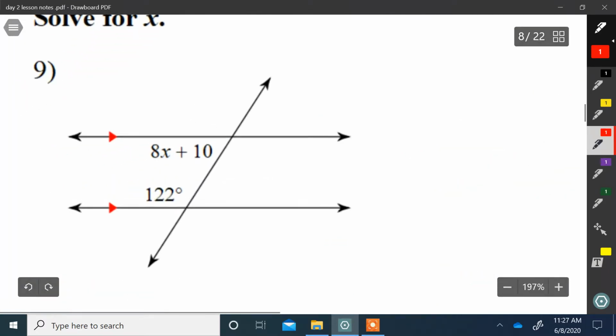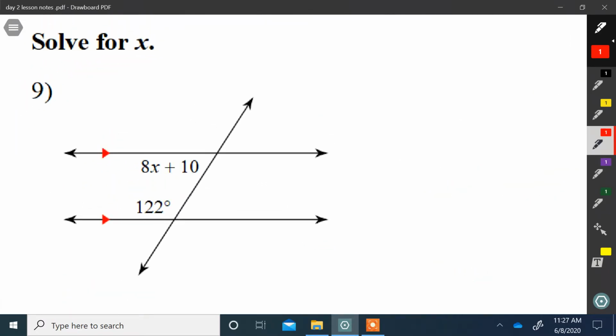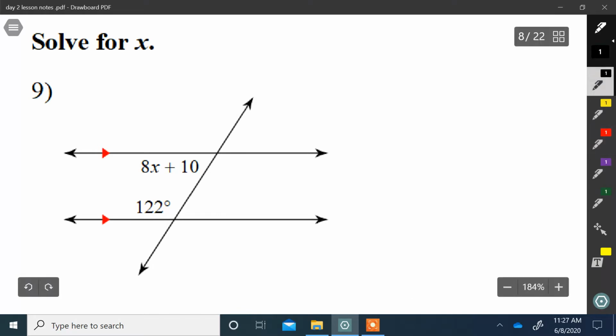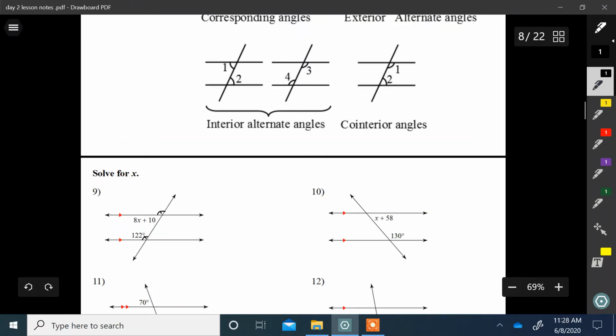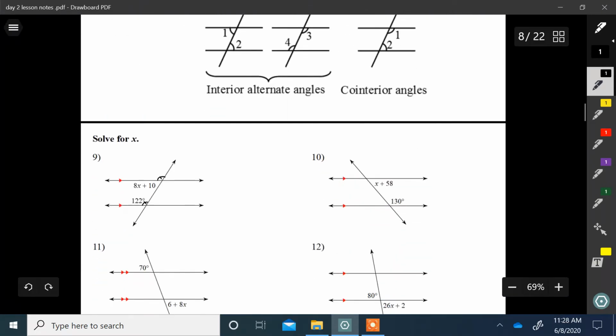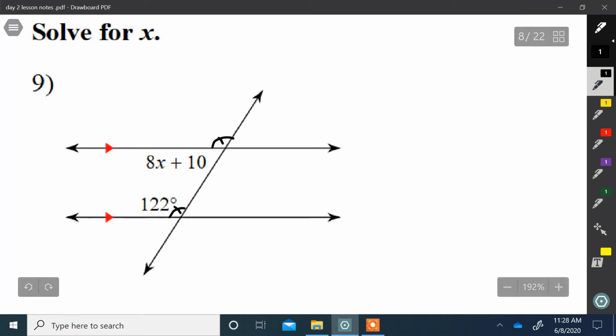And let's talk about solving for x on those type of problems. Alright, so on this one here, this right here is congruent to that right there. Those are what we call corresponding angles actually. We already said that if this is 122, so will this right here.